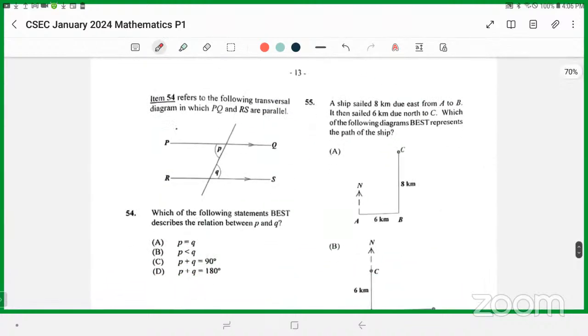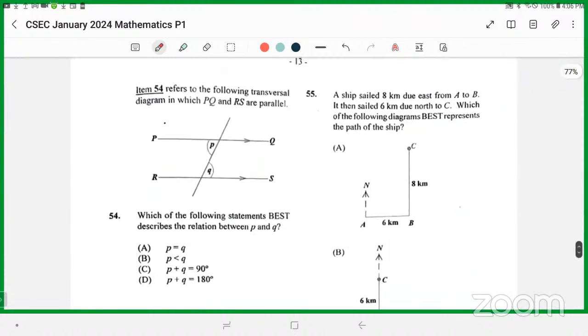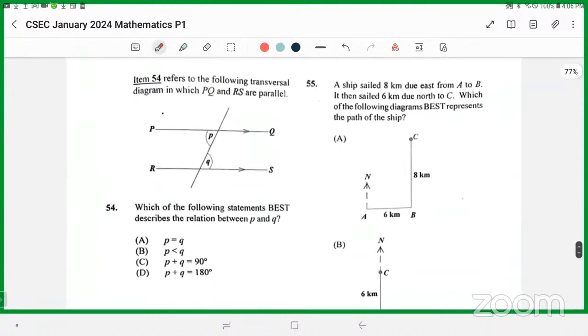Number 54. Questions usually get easier around here. They give us these two parallel lines, and this is a transversal line that crosses them. They ask what's the relationship between P and Q. They are in the Z. They're angles in the Z. They're alternate angles in the Z, so they are equal.